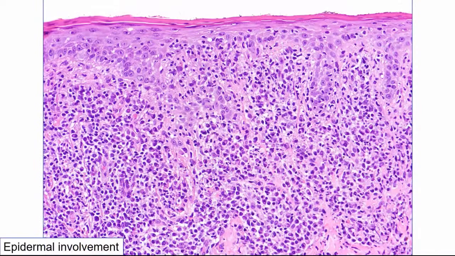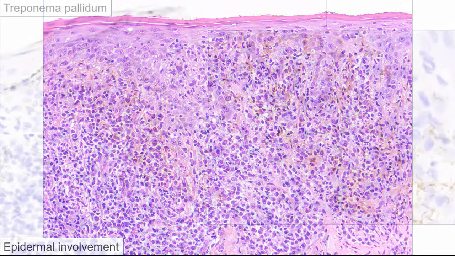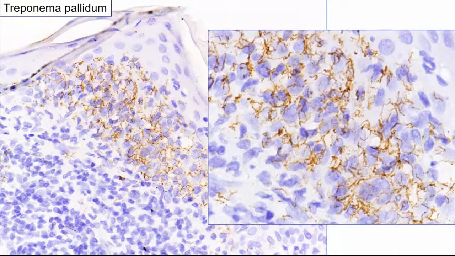Another thing against MALT lymphoma, if you look at the epidermis, there's a lot of exocytosis of these small lymphoid cells into the epidermis, which we really don't expect to see in MALT lymphoma. And here again, many of these plasma cells in the infiltrate. So what could this be? We solve this with a stain for spirochetes.